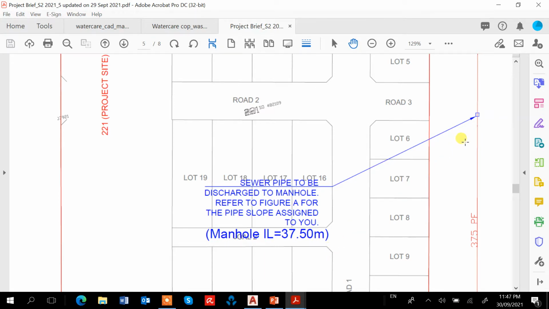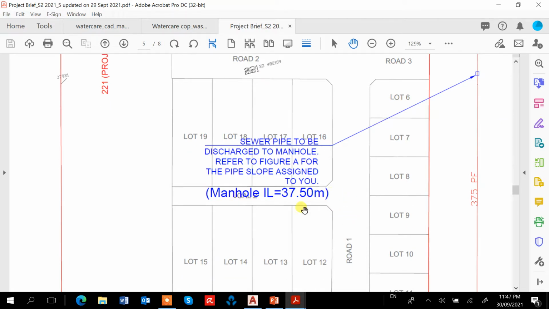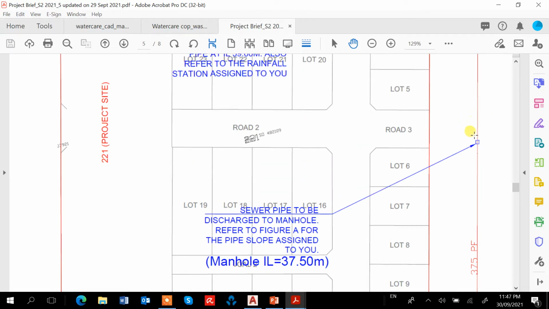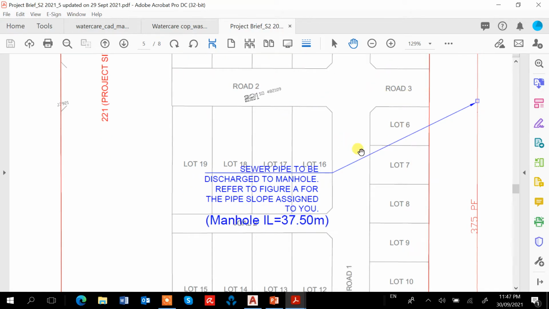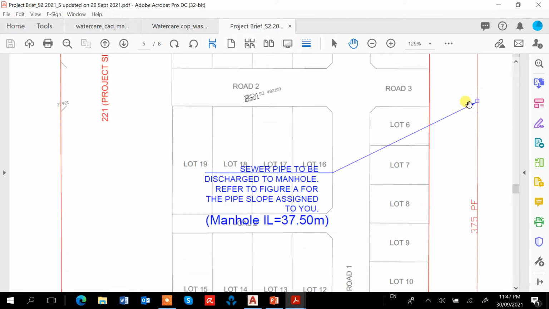Later on we see that compared to the existing ground level, it's about 5 meters deep. That's the discharge point, and usually we walk backwards from this manhole. This is downstream, and we walk upstream.